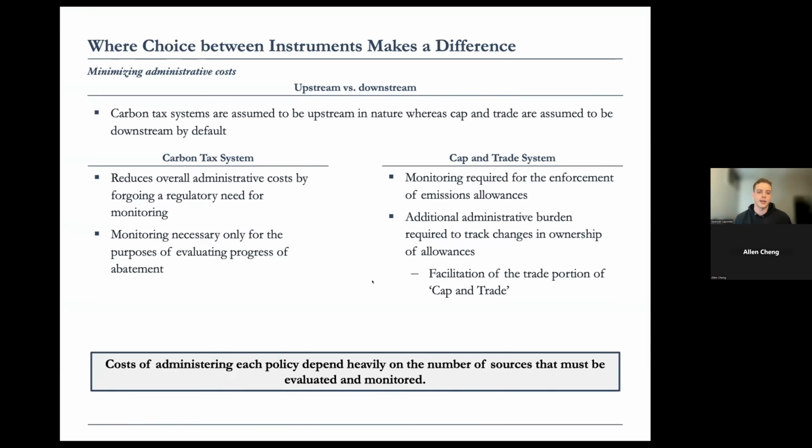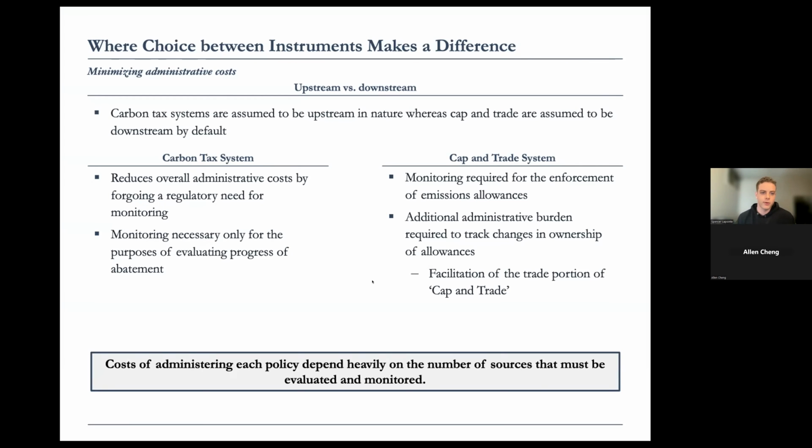And to get a good understanding of administrative costs, it's important to understand what the author means by upstream versus downstream emissions. As Alan alluded to earlier, upstream really refers to higher up in the supply chain, where a few key producers are creating products or services that are going to be used by the masses that will eventually lead to emissions.